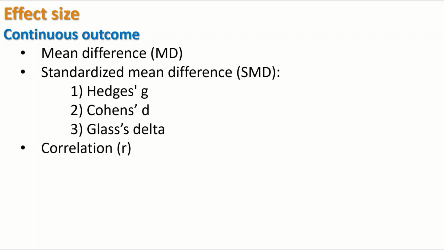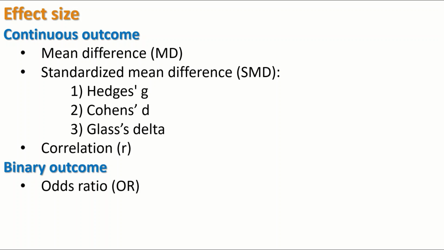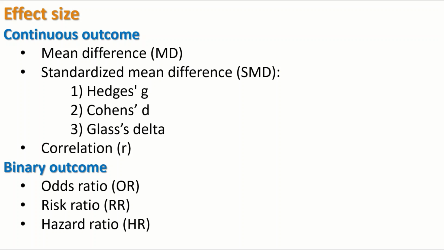If the outcome is also continuous, the effect size can be a correlation coefficient r. If the outcome is binary, which has two levels in it, yes or no, life or dead, then the effect size could be the odds ratio, the risk ratio, the hazard ratio, or proportion.